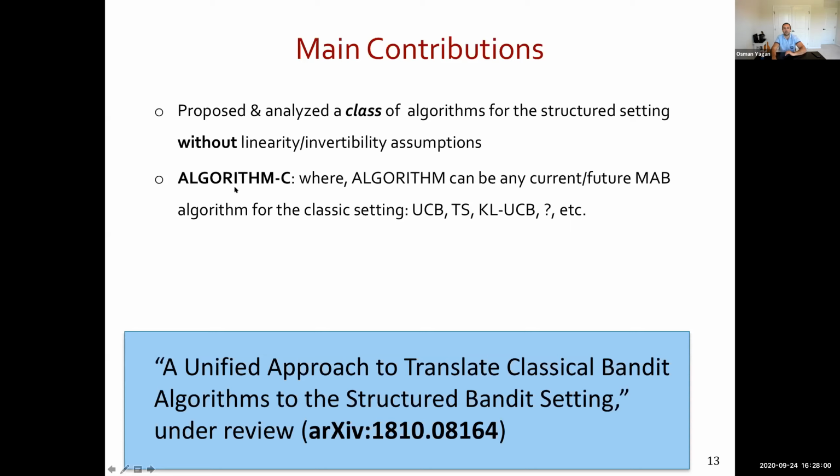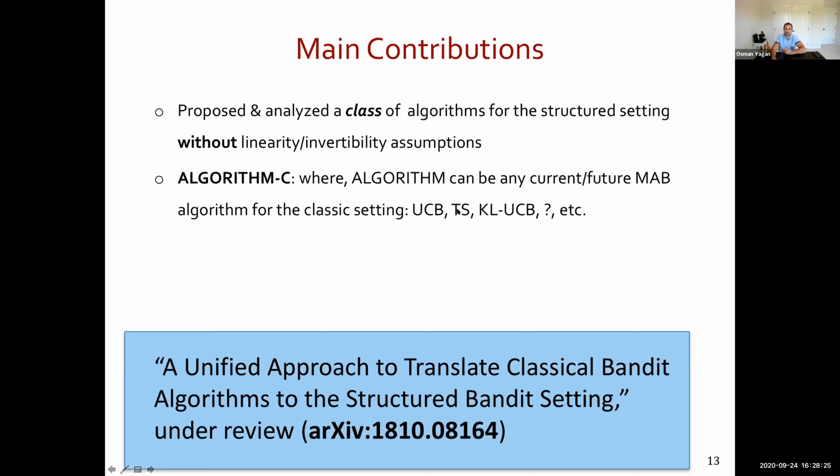But basically, this is a setting where we could be using any current or future classic multi-arm bandit algorithms, such as UCB, Thompson sampling, KL-UCB, and etc., and something that isn't even introduced yet. And we are providing a way to convert that algorithm to the structure setting. So if you want to use a UCB-like algorithm for the structure setting, we have a way of doing that.